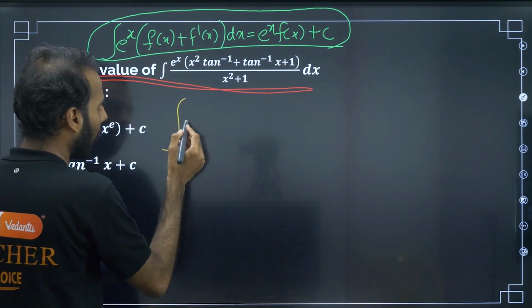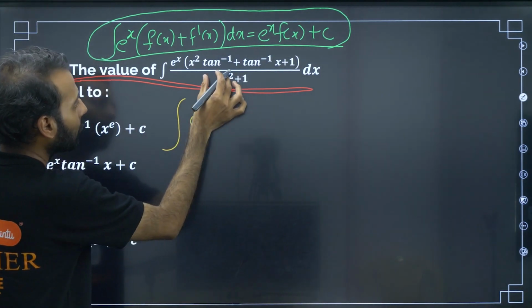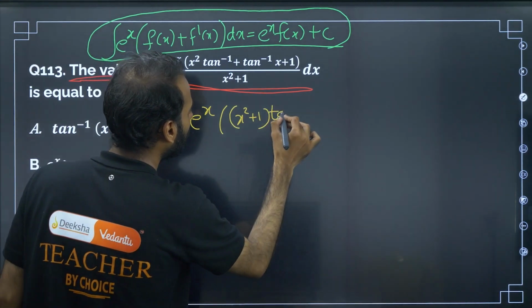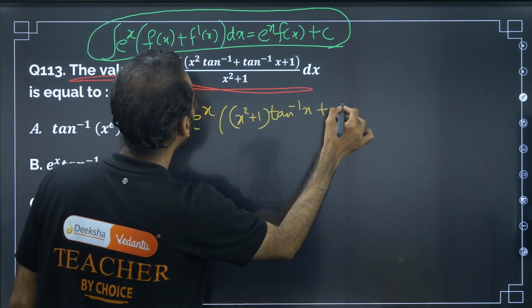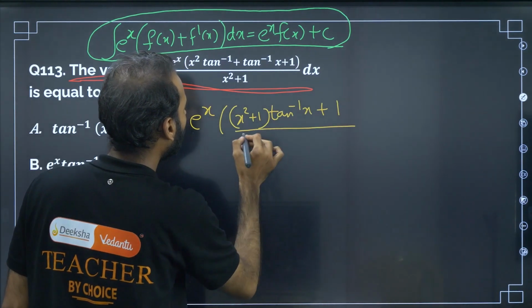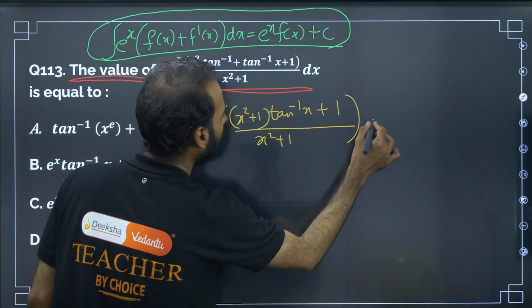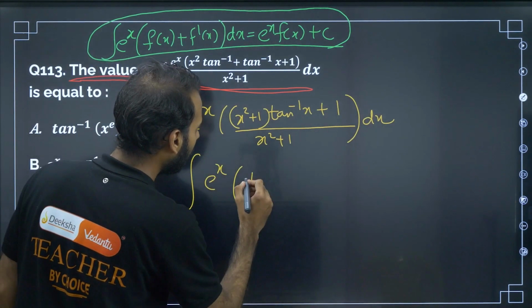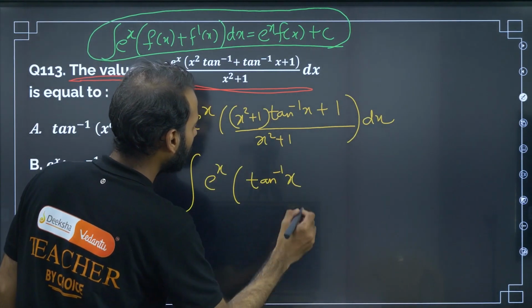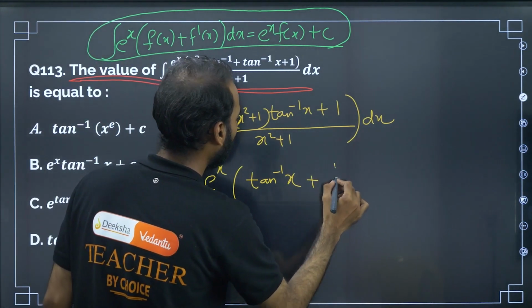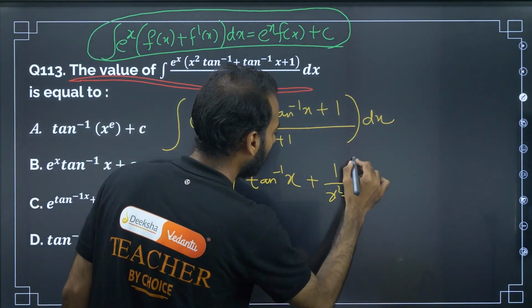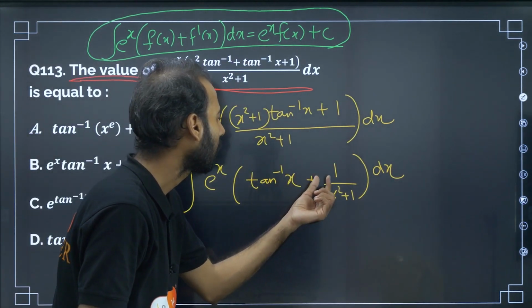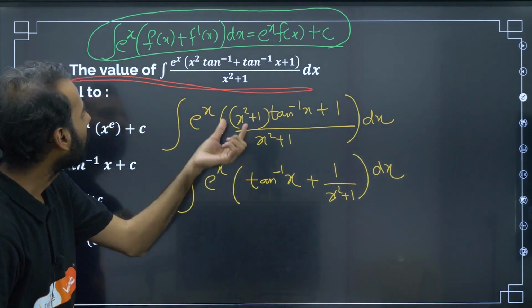Now integration of e raised to x, I am keeping e raised to x times the bracket: tan inverse x plus 1 by x square plus 1 dx. Now you relate this with e raised to x f of x plus f dash of x.